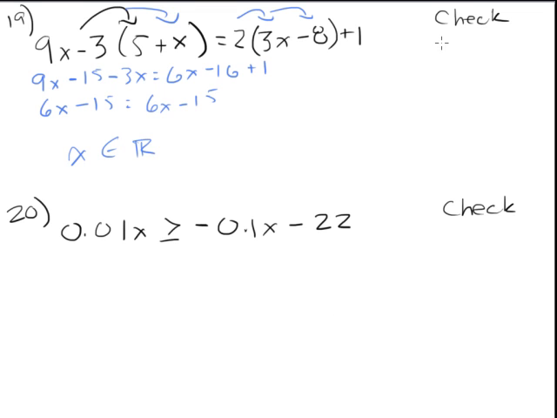So let's choose any rational number and check if I'm correct. With x being any number, let's use 0 because 0 is nice and easy to work with. So I'm going to rewrite this equation, and whenever I see an x, I'm going to put a 0. Okay, so this one's going to be gone.